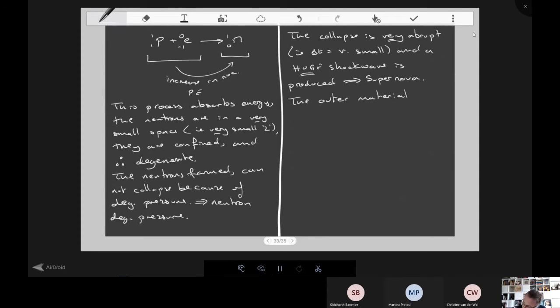So the outer material explodes into space. That's called a supernova remnant. And I would encourage you to have a look on the web.